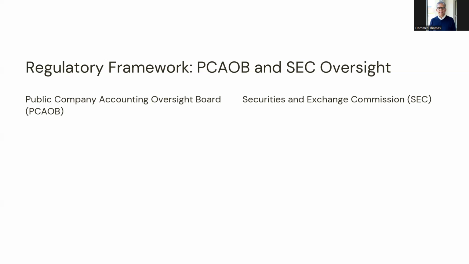And then we looked at the oversight of the audit firms, the system set up in place to make sure that the audit firms are doing their work according to the standards set by the regulatory agencies. And the two specific regulatory entities we looked at are the PCAOB, which sets the auditing standards, and the SEC, which manages the PCAOB to make sure that the PCAOB works to maintain audit quality and capital market integrity. So that brings us to the end of this lesson.